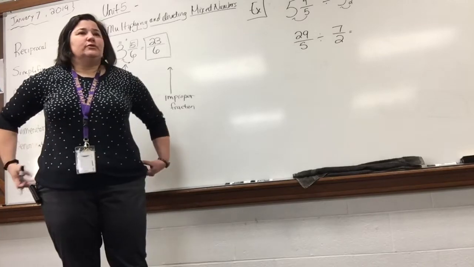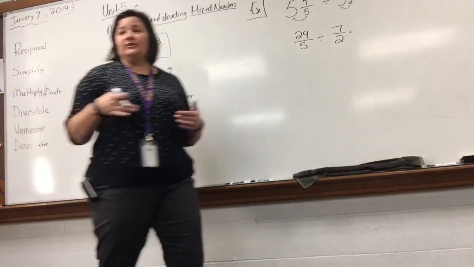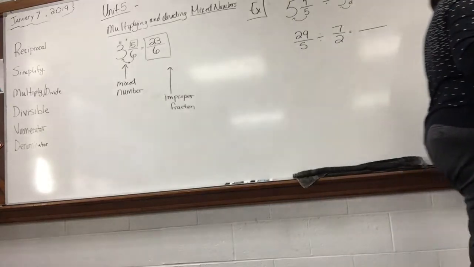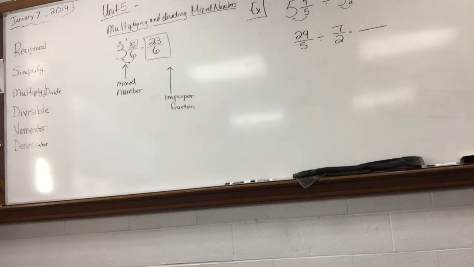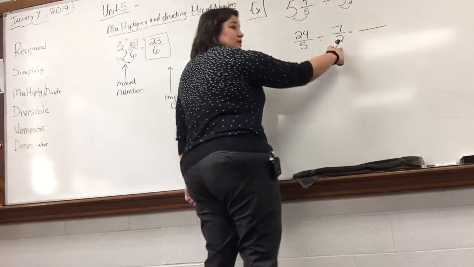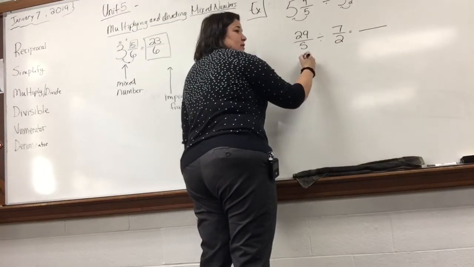What do we do now? Because right now we are just dividing fractions just like we did yesterday. Okay, Owen. Make the second fraction a reciprocal. Okay, so we're going to make the second fraction a reciprocal. So the first step would be to do what, Owen?